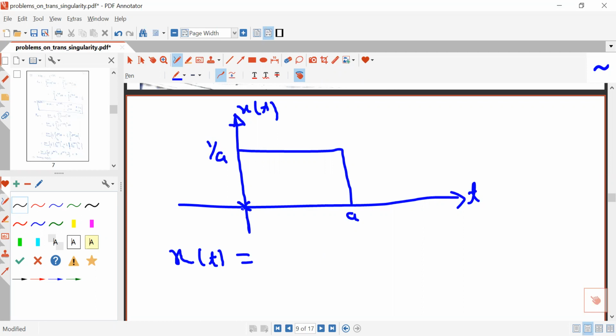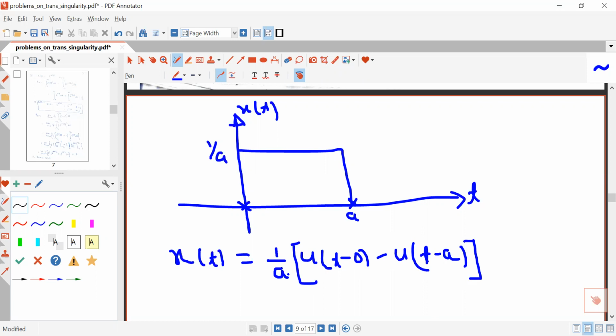This signal is starting at t equal to 0, so the first term will be u(t minus 0), and this signal is terminated at t equal to a, so the second term will be u(t minus a), and the amplitude of this signal is 1/a, so you have to multiply by its amplitude.